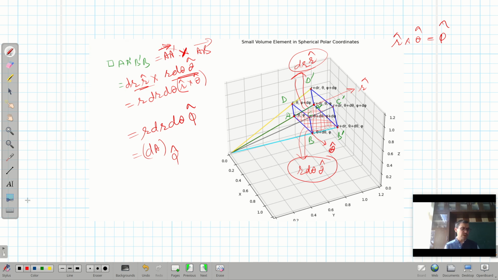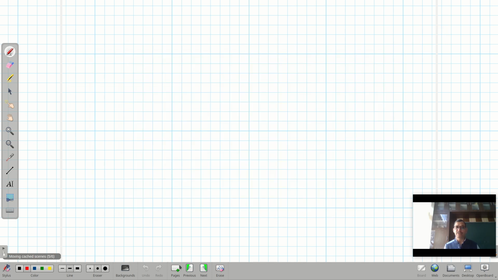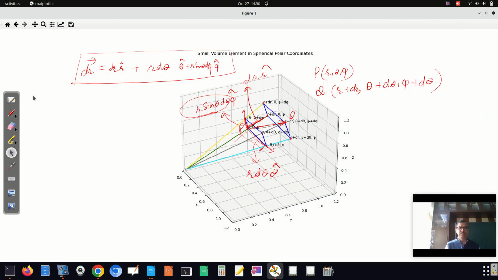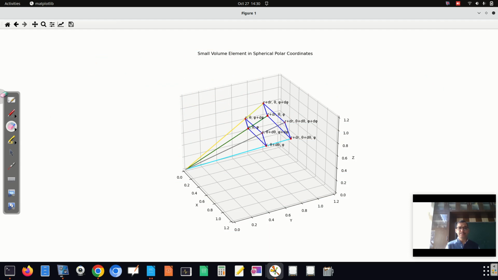Now I will talk about the small volume element, represented by dV. So what is dV? If I go back to here, let me rotate it a little bit.